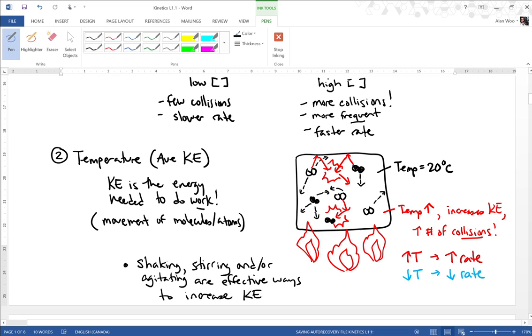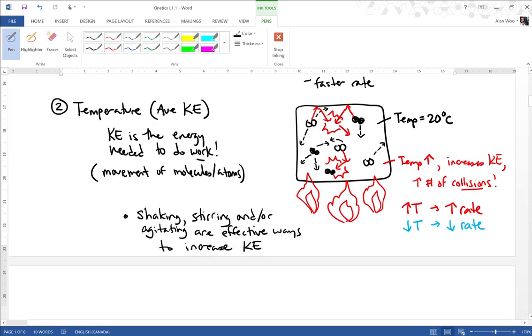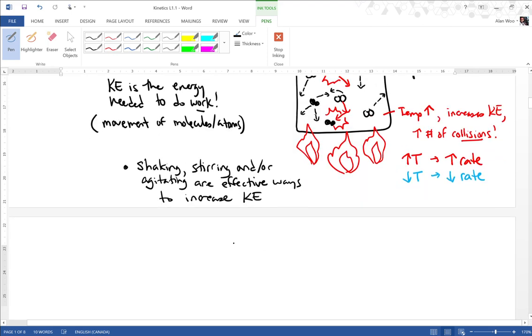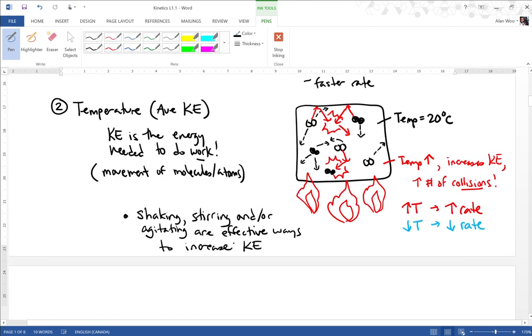They don't necessarily increase temperature, but it does increase the amount of energy going towards movement. So more temperature, faster the rate. That's usually a pretty easy one to understand as well.